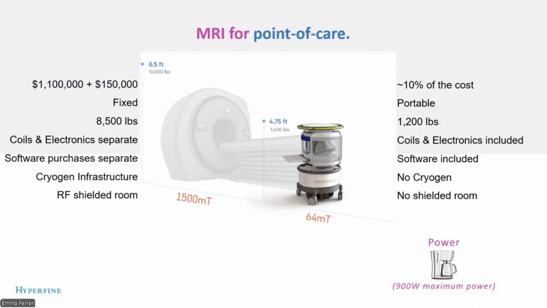And this is one slide from Hyperfine that shows the main differences between the traditional MRI, where aside from the cost, you also have a significant difference in size and weight, and the Hyperfine, which is shown on the right-hand side. The concept is that basically you need the same power to operate the scanner that you need to operate your coffee machine.